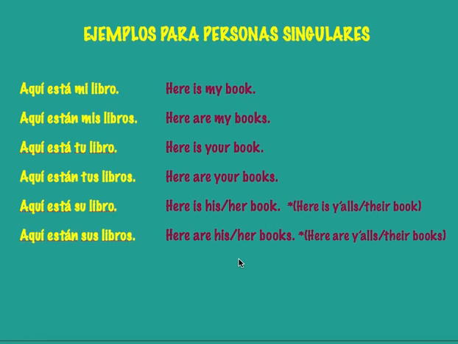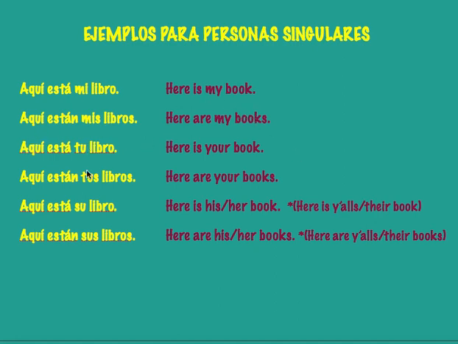Ejemplos para personas singulares. And I should have put a little asterisk here because there's also some plurals here. But you'll see what I mean. Aquí está mi libro. Here is my book. Aquí están mis libros. Here are my books. Notice the verb is plural because the books are plural. Mis, plural because the books are plural, and libros is plural because the books are plural. It's more than one book. Aquí está tu libro.